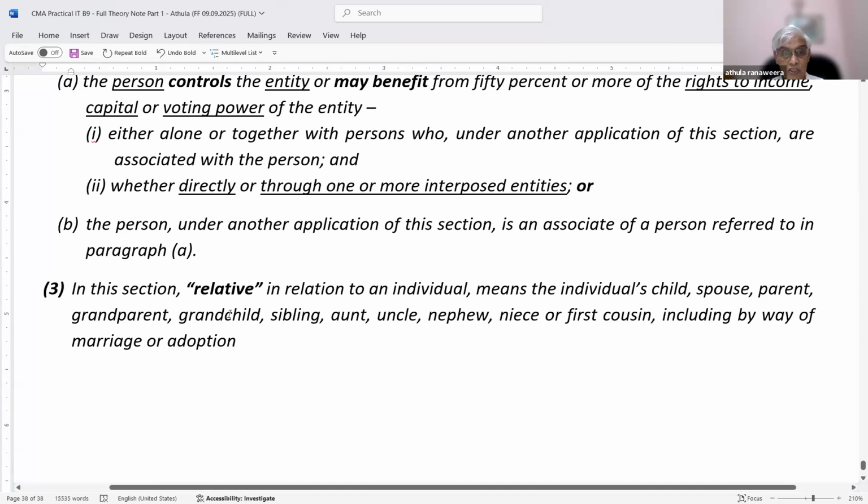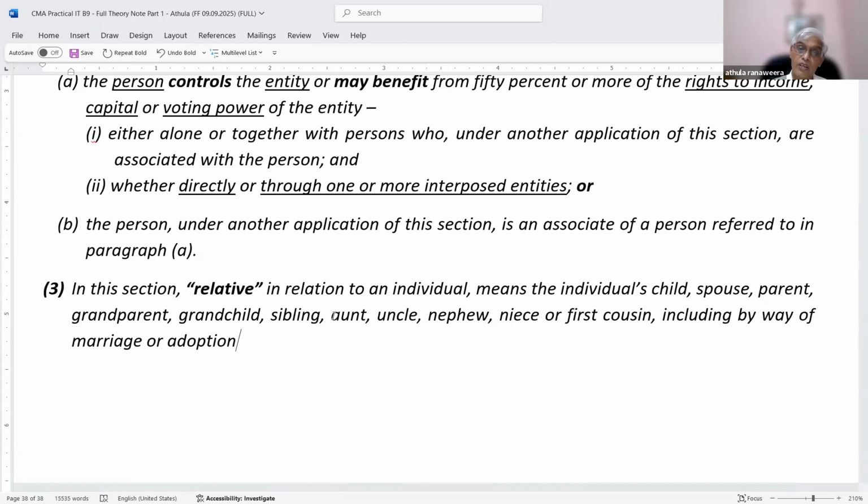Then grandchild, 5th generation. 5 generations are covered: grandparent, parent, own self, child, grandchild, then siblings. Then others are indirect connections. All of them come under the category of relatives. Is this clear? Yes, it's clear.